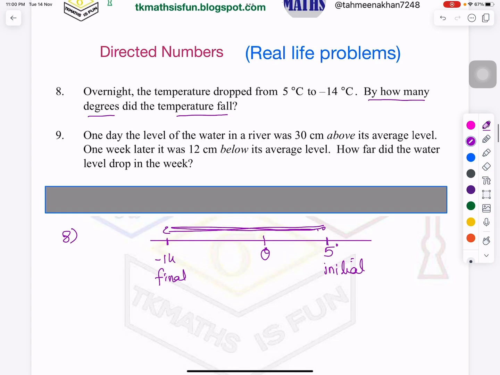To find the difference between the two numbers or two temperatures, the technique is you do final minus initial. Final was -14 and initial was 5. So it means -14 minus 5 is -19.